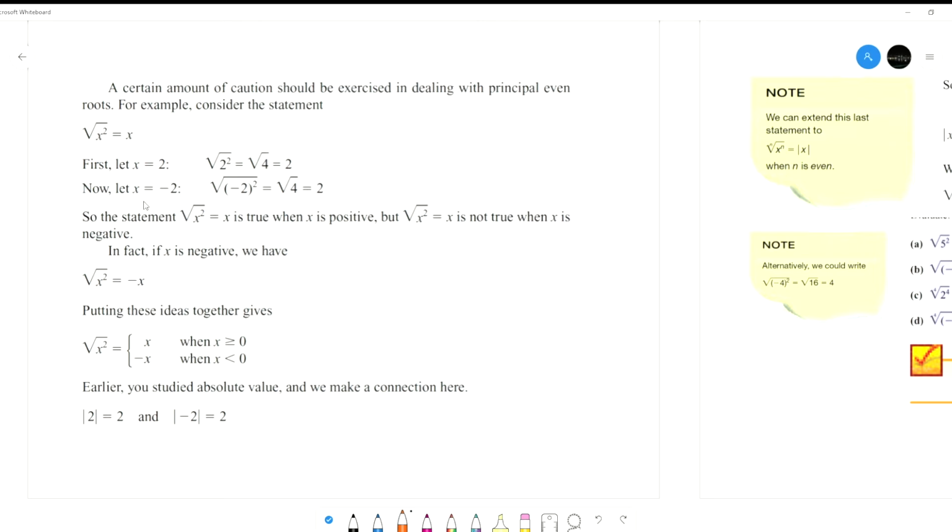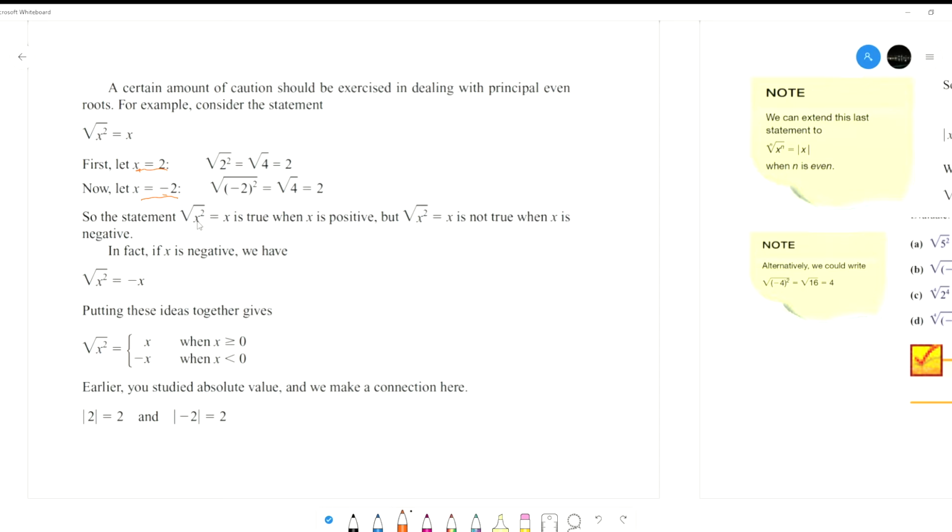But let's consider when x is equal to a negative number. We just did the first case, now we're going to look at the second case. When x is equal to -2, we have the square root of (-2) squared. Well, (-2) squared is equal to what? +4. The square root of +4 is still equal to 2.